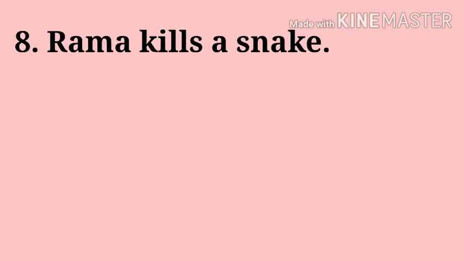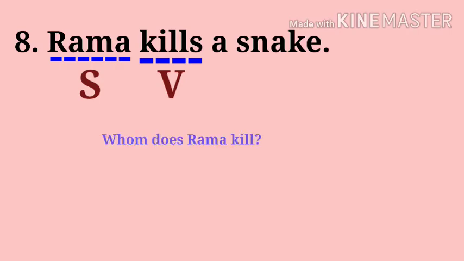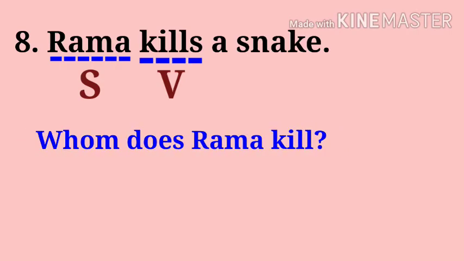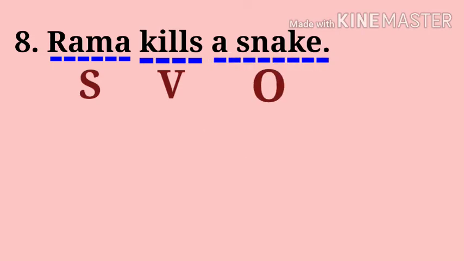Rama kills a snake. See, what is the subject in this sentence? Rama is the subject. Kills is a verb. Now ask the question. Whom does Rama kill? And the answer is a snake. So start your passive construction with a snake.